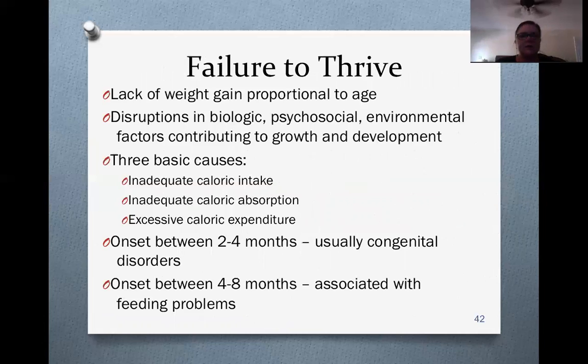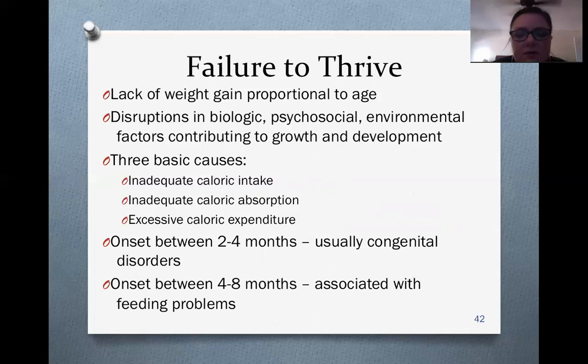And then failure to thrive in infants. This is usually a multifactorial issue. It's either that the child's not getting enough calories, like the parents are either not feeding the infant, or they're not mixing the formula correctly, or the child's not absorbing the calories, some sort of malabsorption, or they're burning off too many calories.